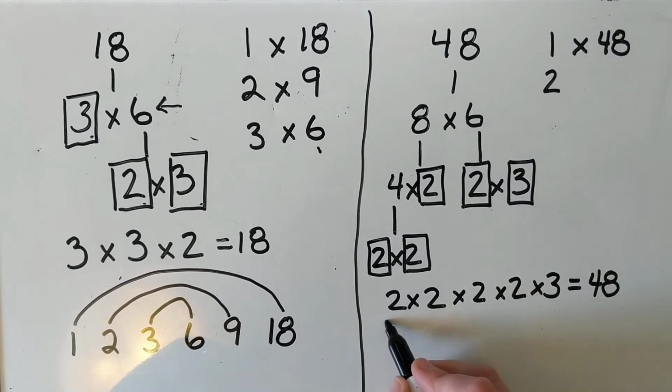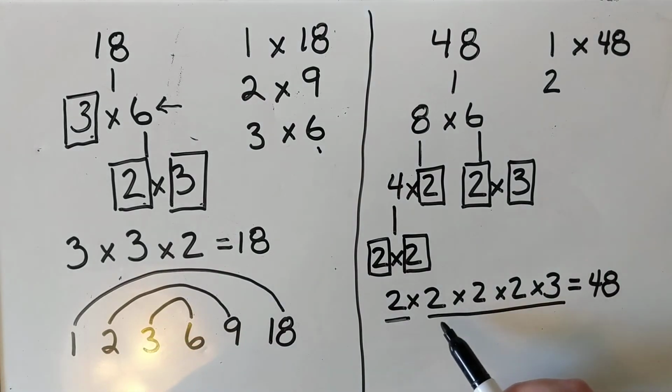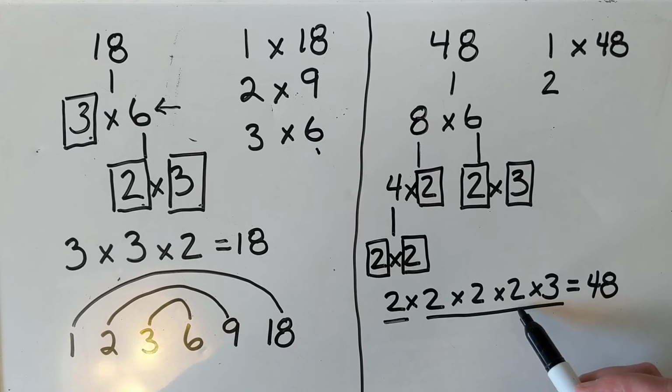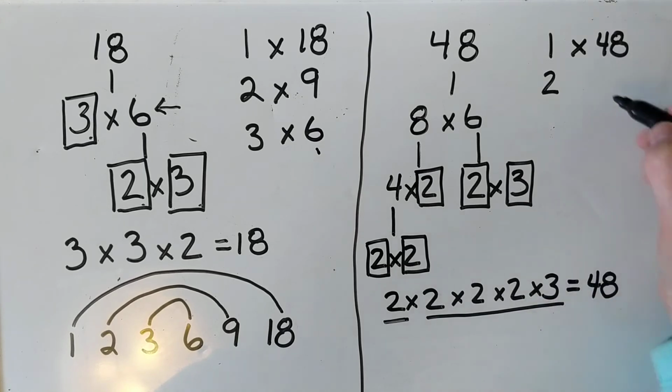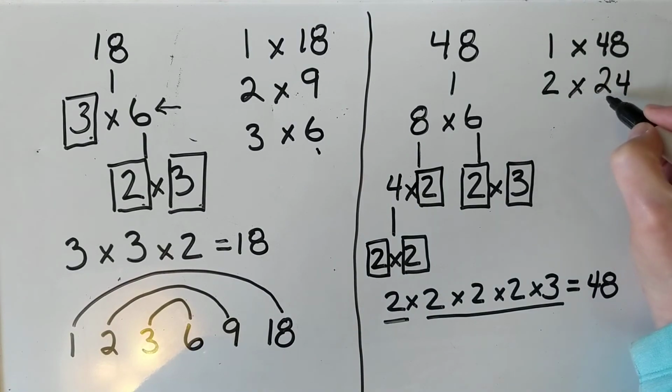So if I took 2, then I'd have to multiply it by what's left. So 2 times 2 is 4, times 2 is 8, times 3 is 24. And that makes sense. 2 groups of 24 is definitely 48.